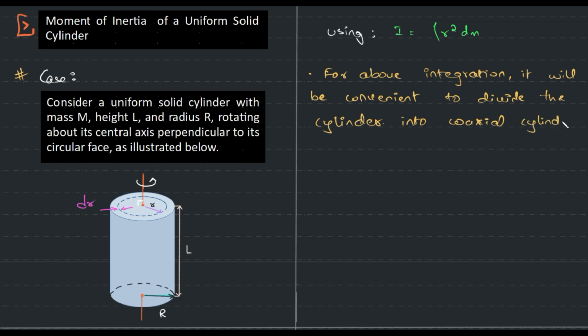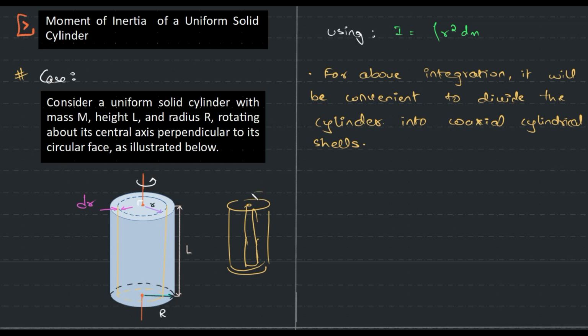So basically you can imagine us dividing the entire thing into cylinders in this manner. Hollow cylinders of varying radius. The height will not change, the radius will change.